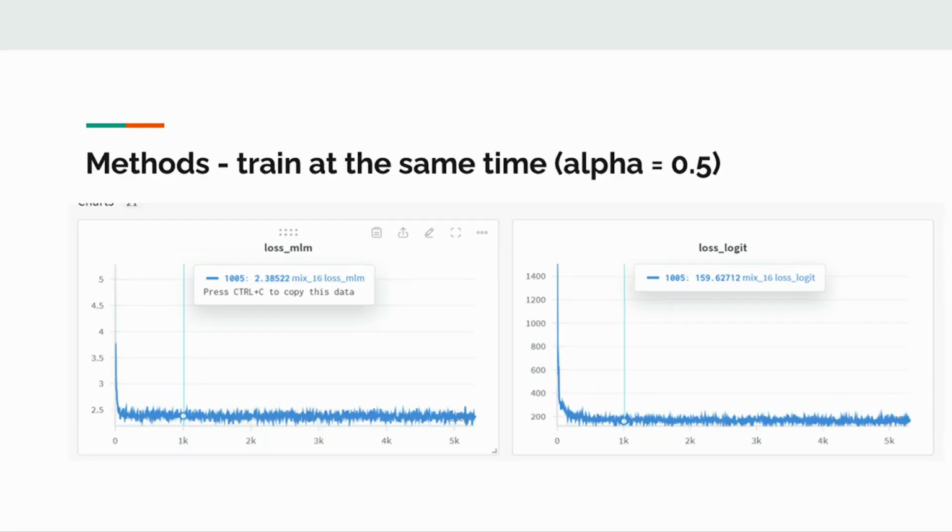So instead we just go straight with alpha equals 0.5, which puts equal weight on both the amino acid sequence masking as well as the logits loss, which is the KL divergence between the logits output of ESM2 and our own model. It turns out they converge really fast.